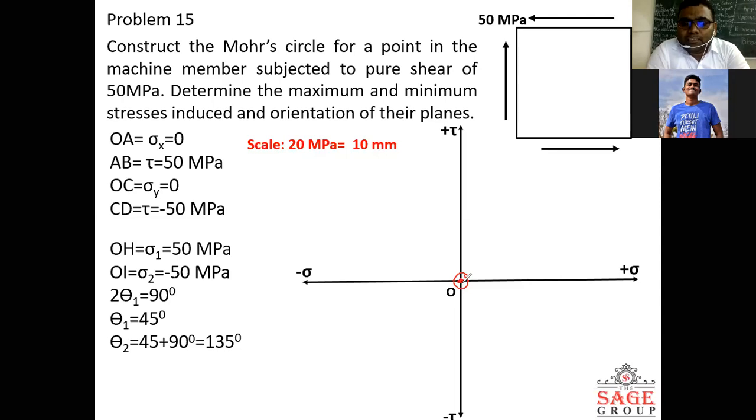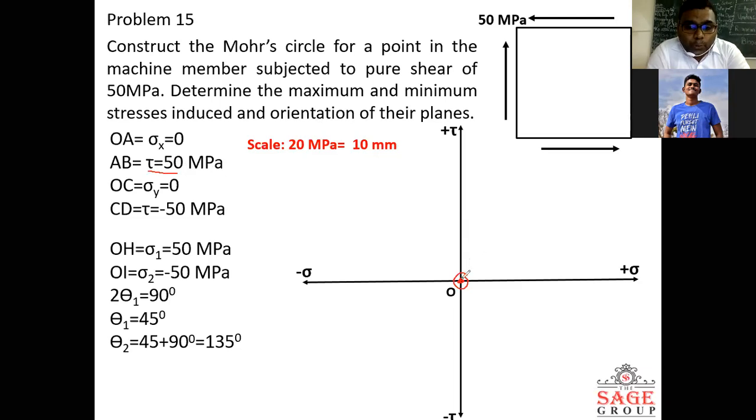Then what is the next step? We have to draw the value of tau. We have taken the scale of 20 megapascal equal to 10 mm, so we divide 50 by 20, which becomes 2.5 centimeter.